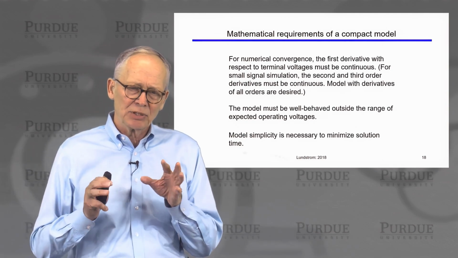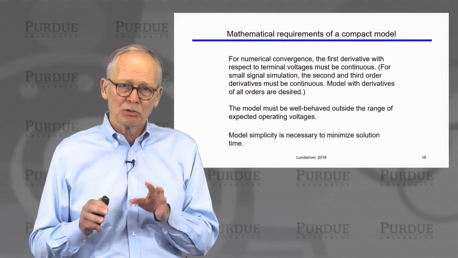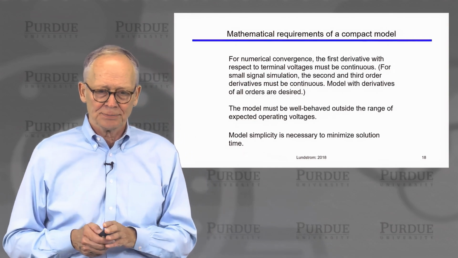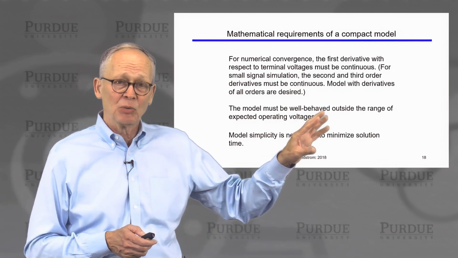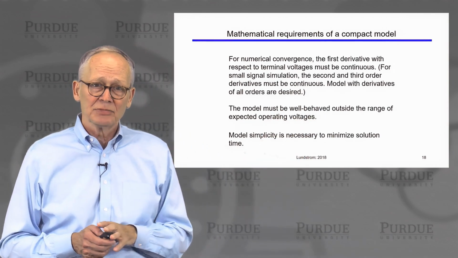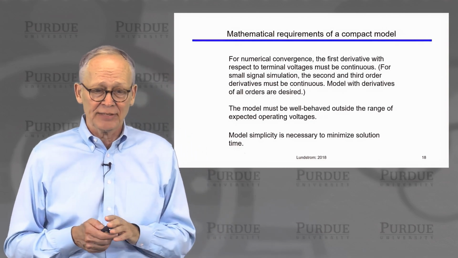So generally, people who are developing robust models for circuit simulations will look for formulations that are continuously differentiable to all orders. The model has to be well behaved outside the normal operating range so that the Newton solution process will home in on the correct solution eventually.